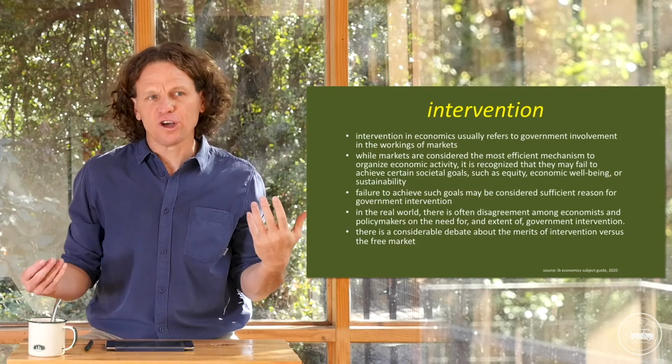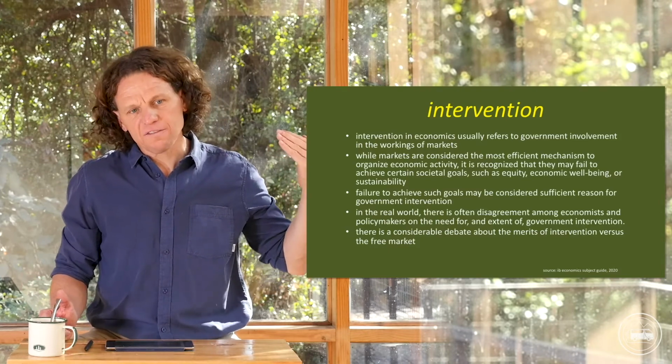You know when all life's good and all of a sudden some adult in your life intervenes and tells you you can't do something and you're like, wait, what? Okay, that's intervention. So governments intervene in taxes, governments intervene in changing interest rates, governments intervene in environmental standards, in working conditions, in minimum wages. They're constantly intervening in the lives of the citizens, okay? And that's what's meant by intervention in economics, okay?